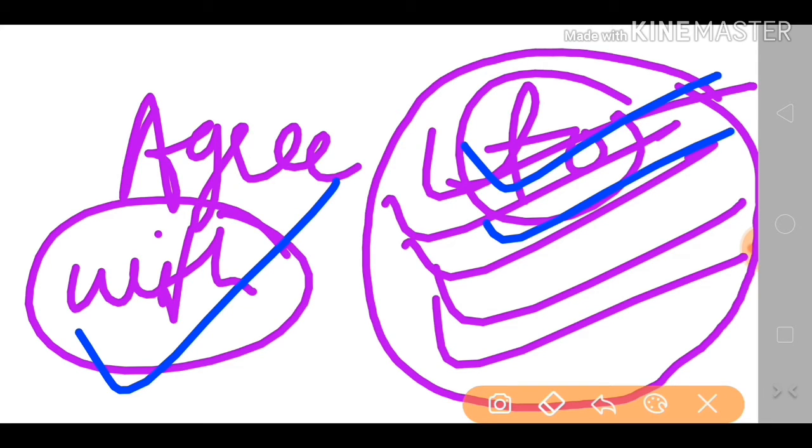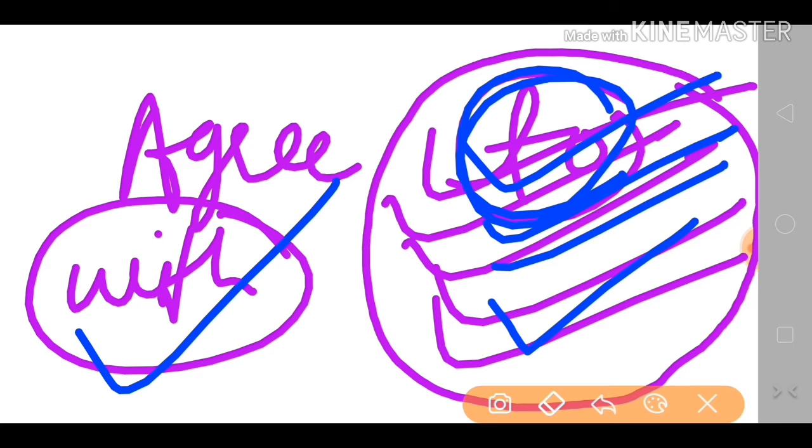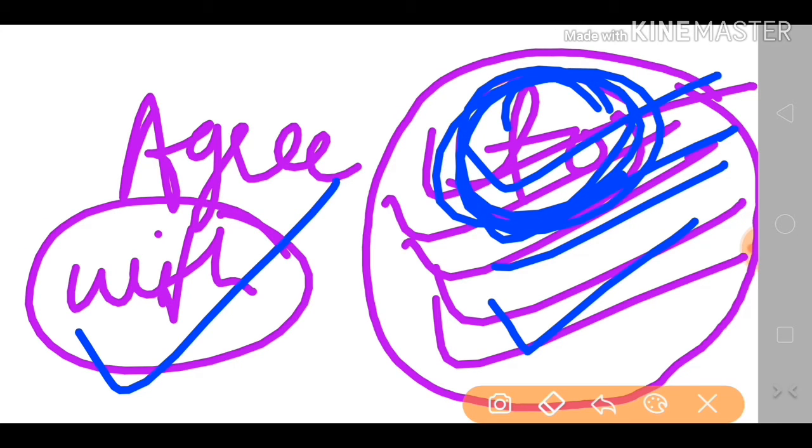Any plan, strategy, concept, any kind of idea, you will use to, not with the person, to his or her plan. If you agree with any person, you will use with. I hope you got it.